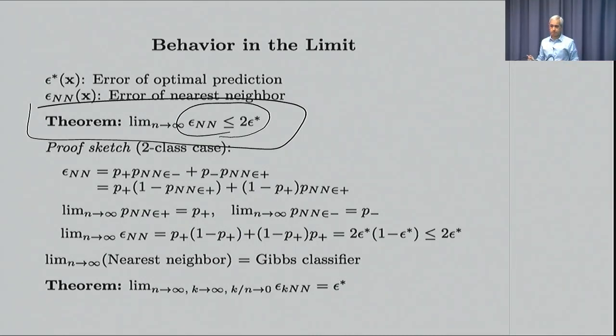Which means that if the optimal was, say, 2%, the lowest error rate any classifier could have, nearest neighbor will give you 4%, which is pretty good. If the base rate was 20%, then nearest neighbor is going to give you 40%, which is not so exciting. But when we get to k-nearest neighbor, we'll see that you're actually going to converge to the optimum.